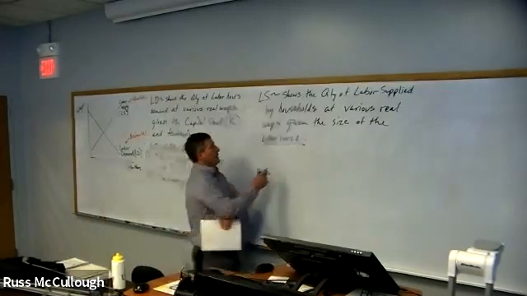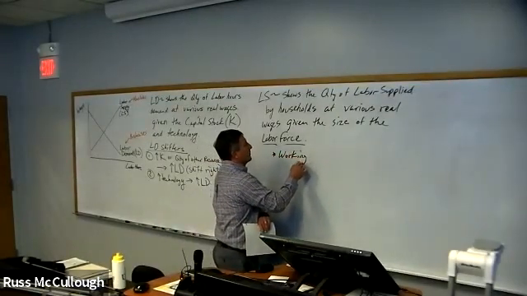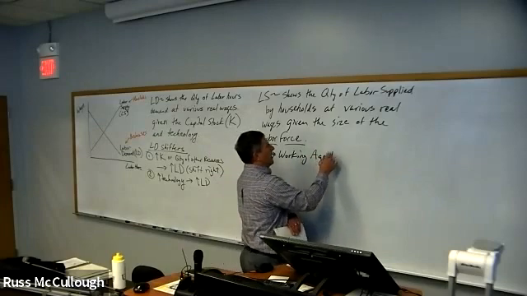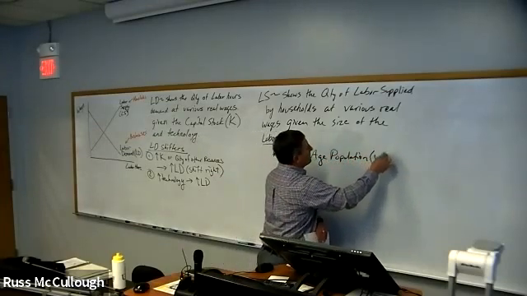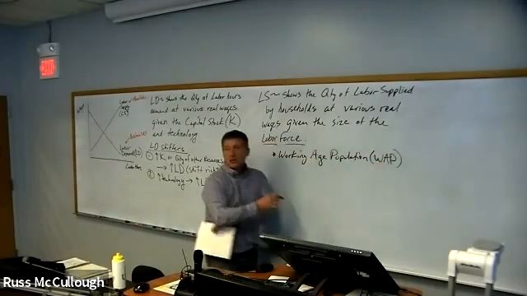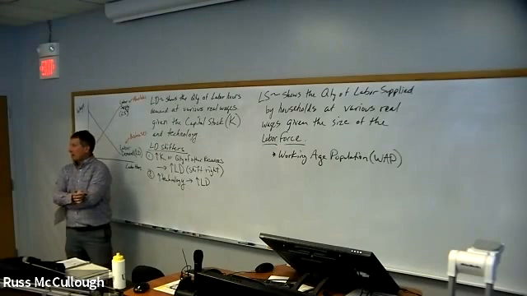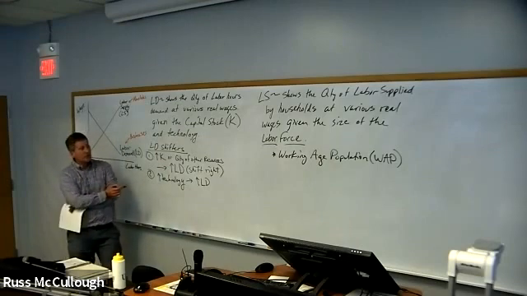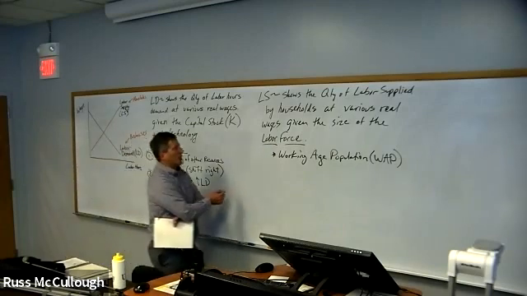So we had the working age population, the WAP. How old did you have to be a member of the working age population according to how the government defines it? 16 years or older, right?